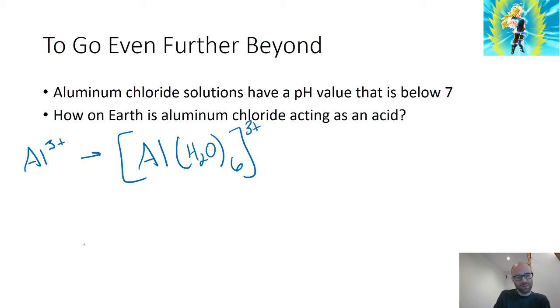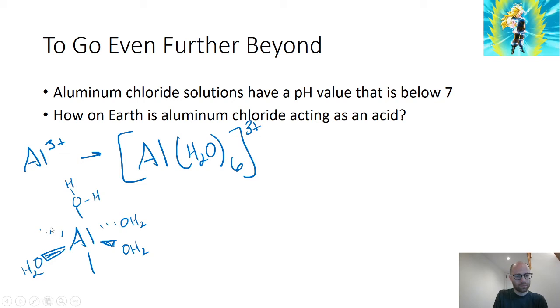But what happens is when you surround that aluminum with 6 waters, you get this crowded complex where all of the oxygens are donating some electrons into the aluminum.